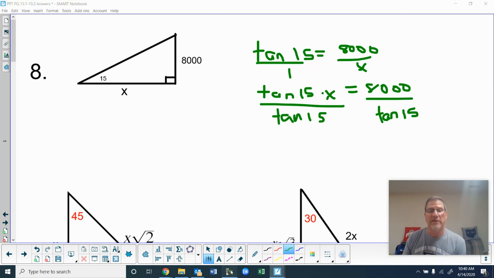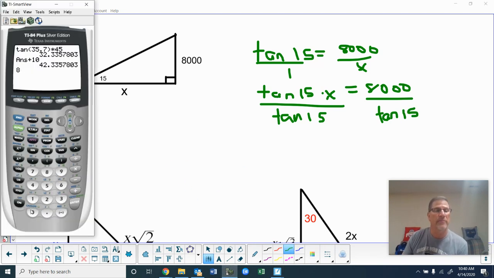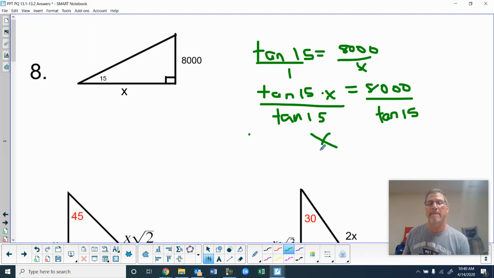All right, so I go to my calculator and put in 8,000 divided by tangent of 15. Close it off. And we get 29,856. And what is that? Feet, I believe, because it was 8,000 feet.